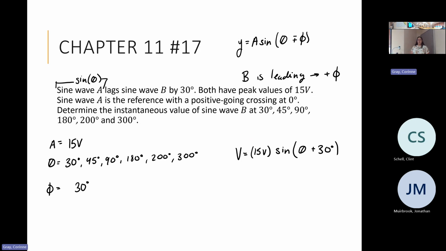Any questions so far about 17? All right, so what do we do from here? Yep, I'm going to plug in each theta value to go through and solve.